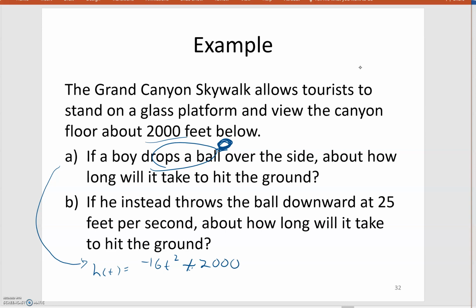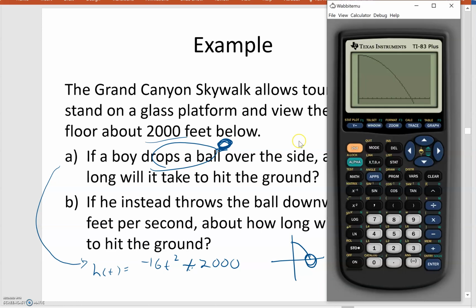And so to find how long it will take to hit the ground, basically this is what you have. So we want to find that 0 right there. So again, we would use calc 0. All right, let's do it. Off camera, I went ahead and entered the function. And then to graph this function, I went to the table, and I want to see how long it takes to get to 0. And I see that happens between 11 and 12 seconds.